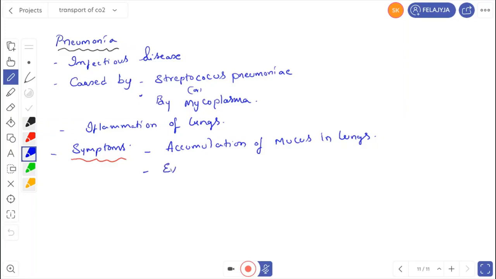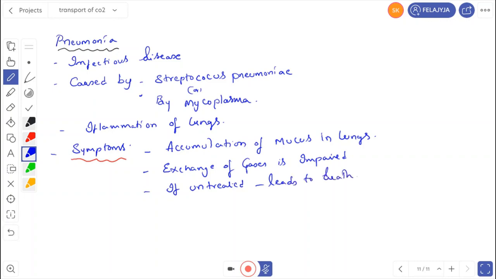Due to that, exchange of gases is impaired. That means it affects the exchange of gases. Then, if untreated, it leads to death. So this is about pneumonia.